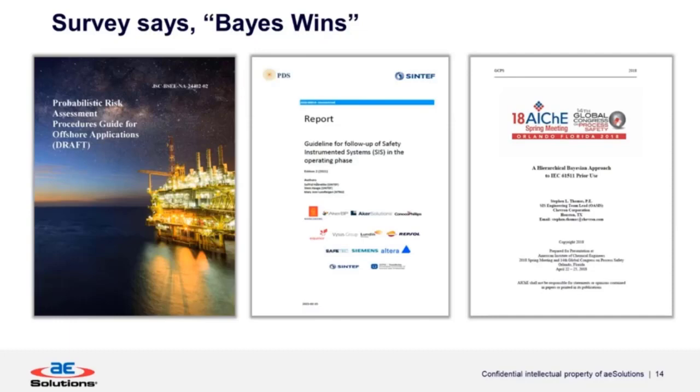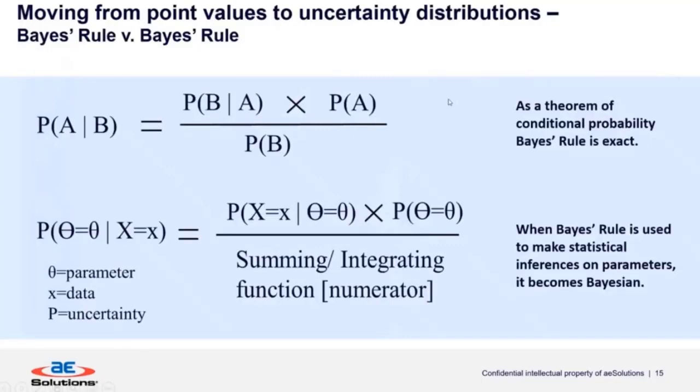And it probably mostly got ignored, but I'm not going to let it die if I can help that. When I talk about Bayes and Bayesian statistics, there is real meat behind this, and it's validated, accepted, and it is what we need to be doing now.